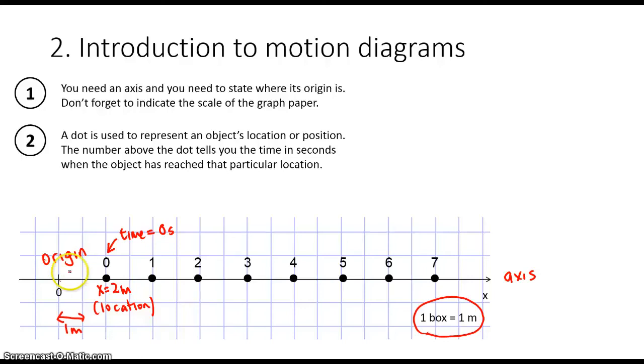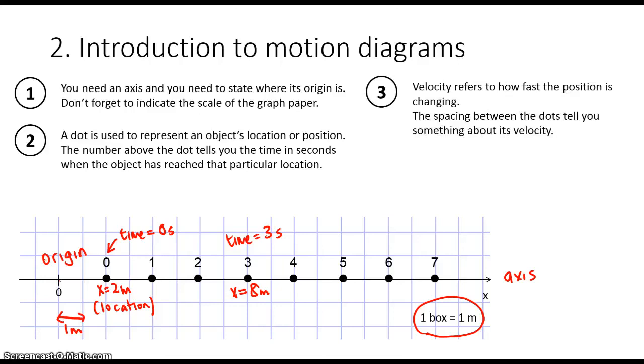For example, at time equals 3 seconds, where is the object? It's at 0, 1, 2, 3, 4, 5, 6, 7, 8. So at time equals 3 seconds, the object is at x equals 8 meters. That helps us to describe the location of an object at a particular point in time.